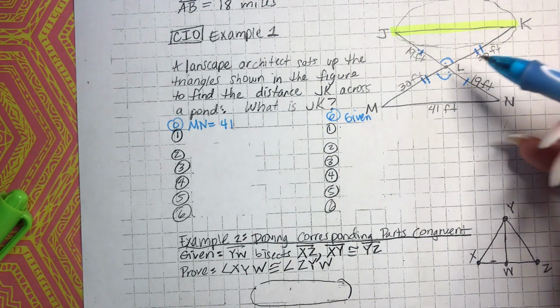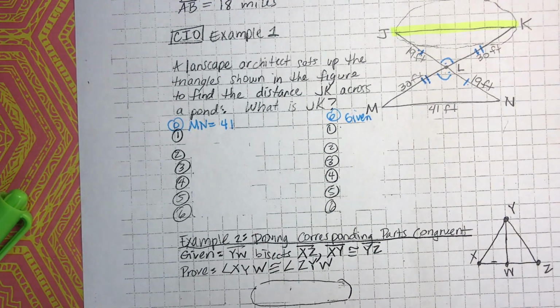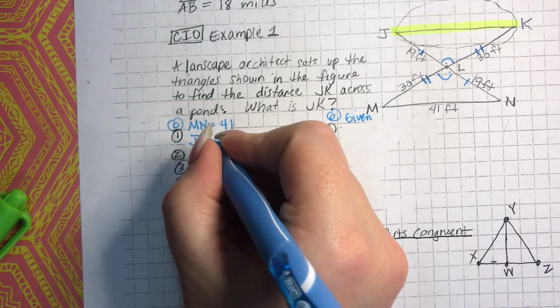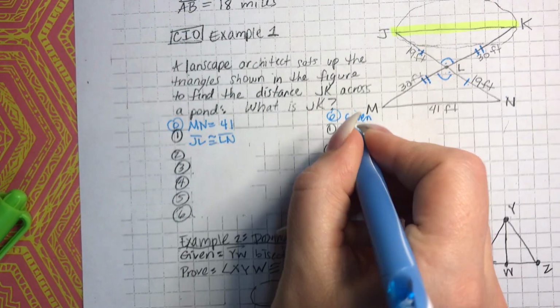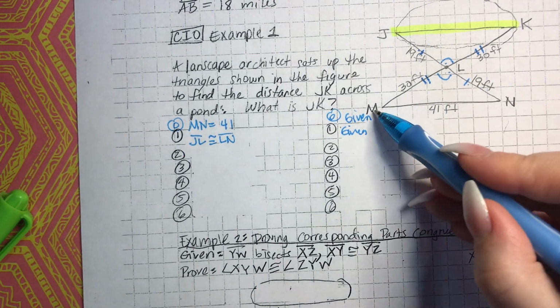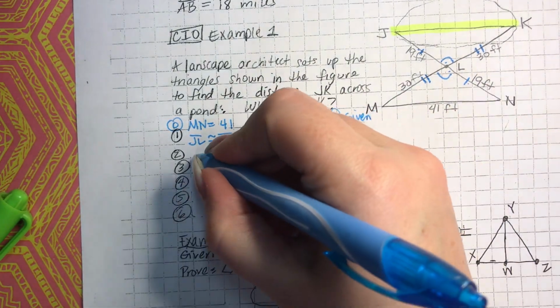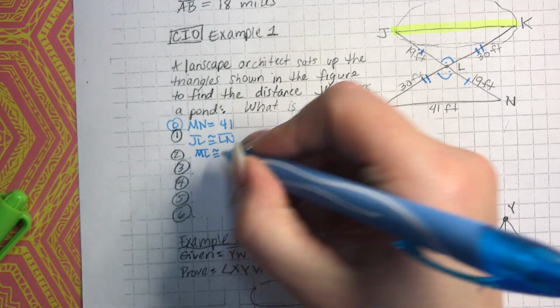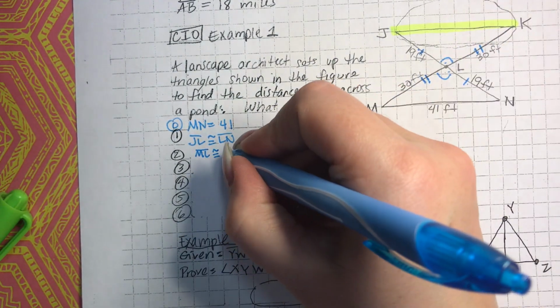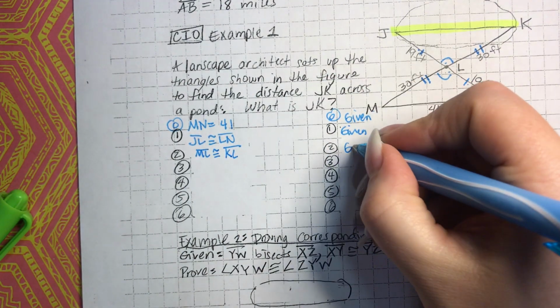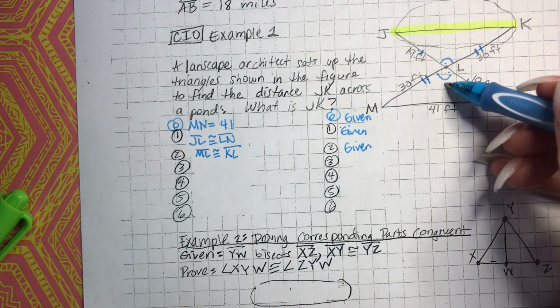So JL is congruent to LN, and that's just given. And then we have the other side, which is ML is congruent to LK, or KL. I'll say KL. That's given. And then we have the vertical angles.